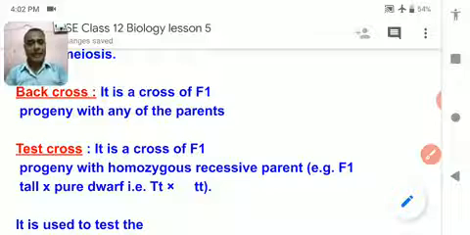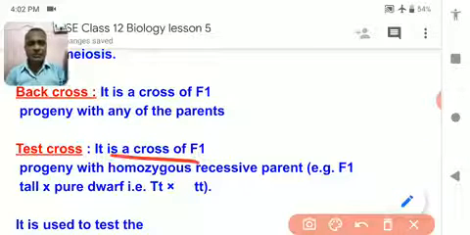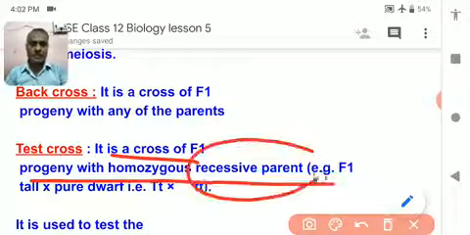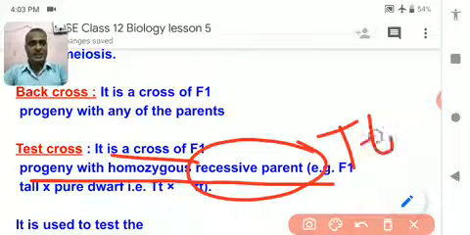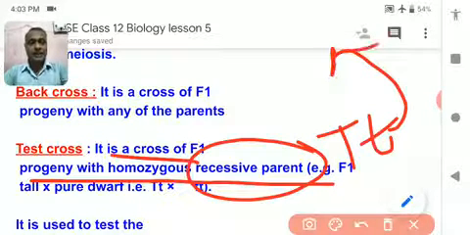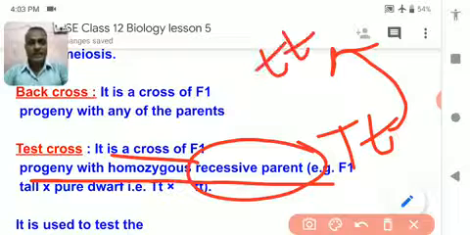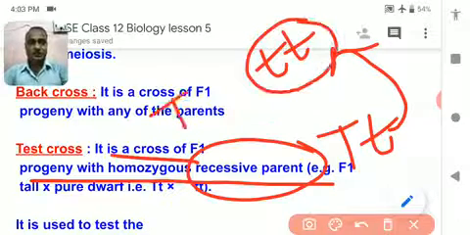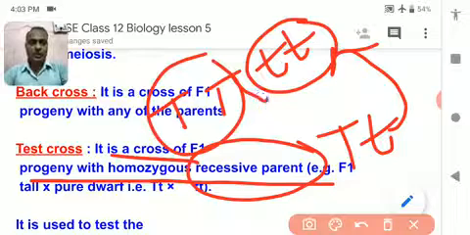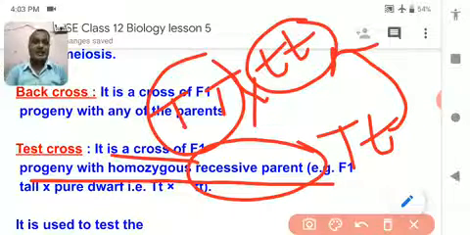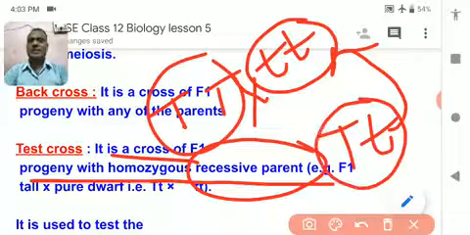And if the back cross happens with the recessive parent, meaning the progeny capital T small t is crossed again with the recessive, capital T small t and small t small t. The offspring produced in the F1 generation is capital T small t.